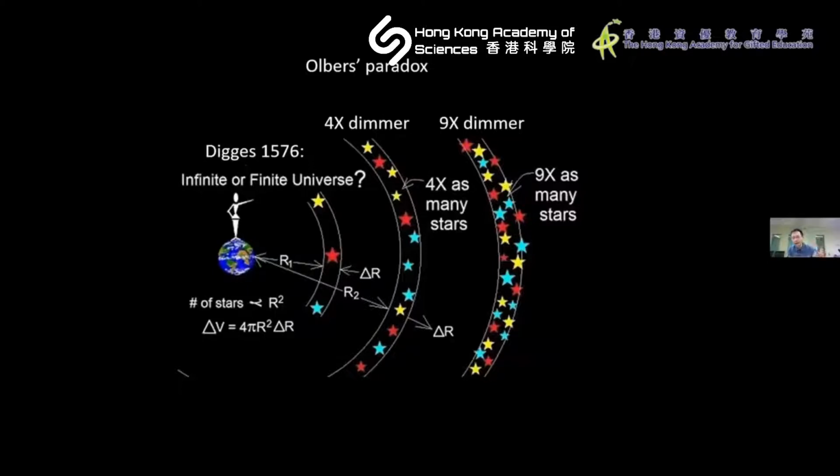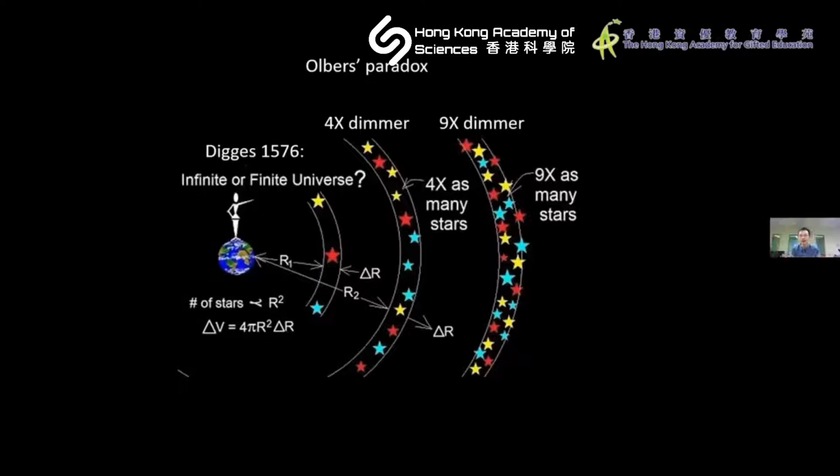There is a paradox: wouldn't our universe become infinitely bright? Wouldn't the brightness of the universe be infinite? Because the nearby stars contribute to the overall intensity of our night sky in the same way as the distant stars.